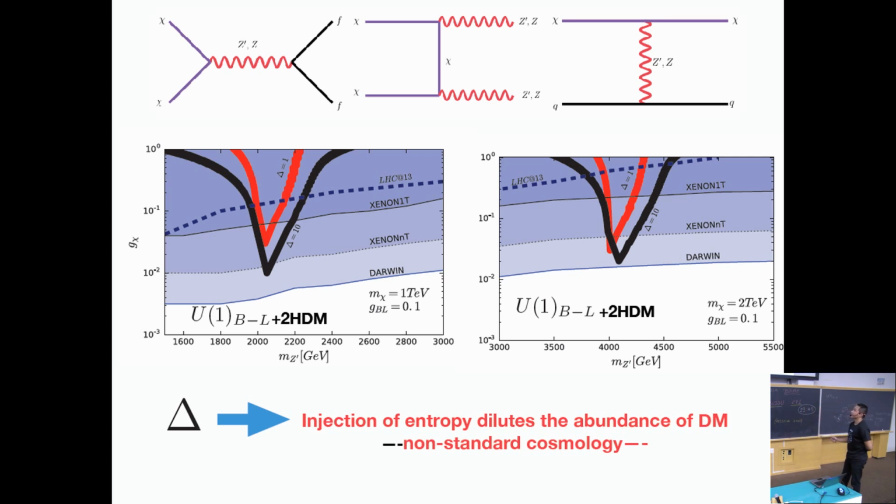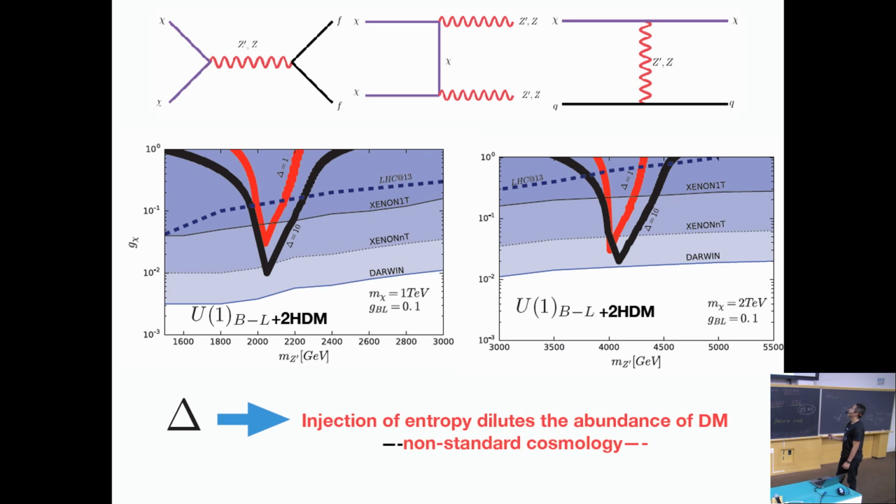And this red curve represents the points in the parameter space in which we can reproduce the relic abundance with standard cosmology. But if we invoke non-standard cosmology, we can see here that this parameter space is starting to compete. For example, this one is not totally excluded for the Xenon n-ton, but for Darwin it is still excluded as well.